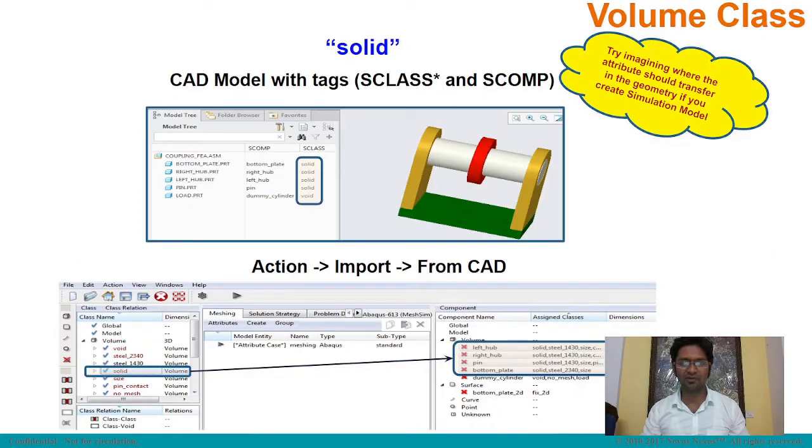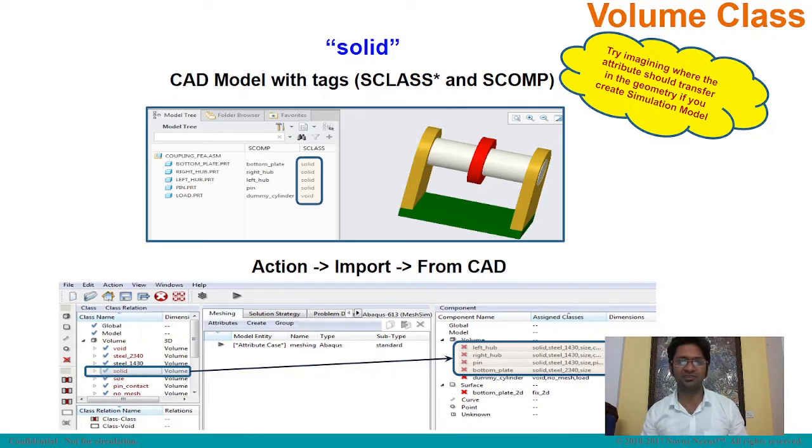Let's now take one more example of a volume class. Solid is the volume class and that is assigned to the four CAD parts, that is left hub, your right hub, your pin structure and the bottom plate. And the analyst has used that class to set up the physics with the help of an attribute. So let's try to imagine on what geometrical entities the attribute will get transferred in the simulation model.